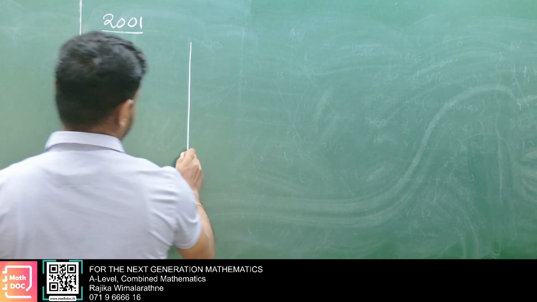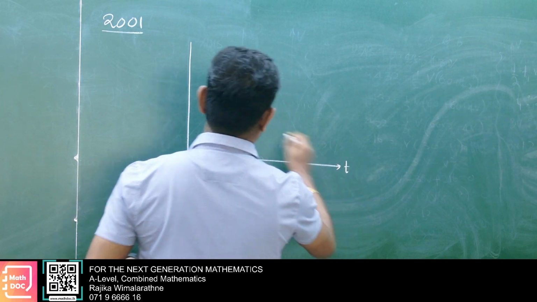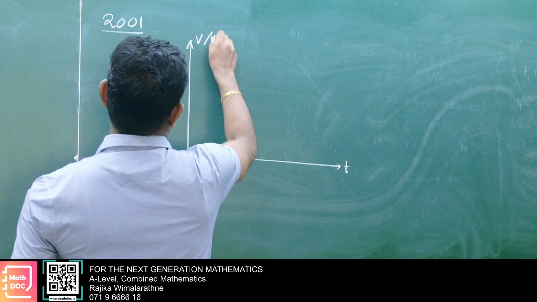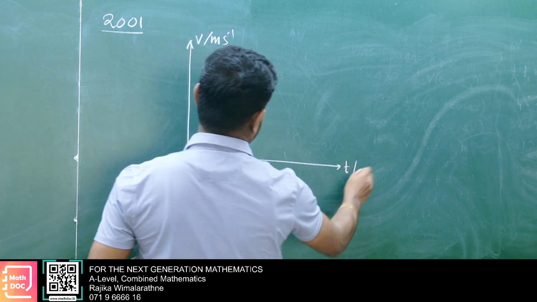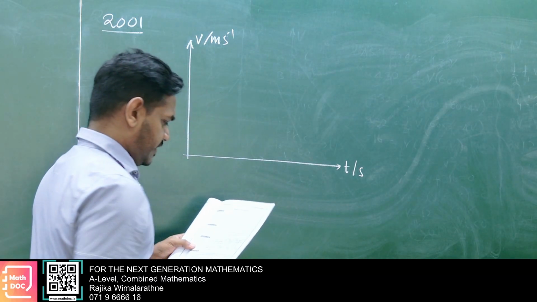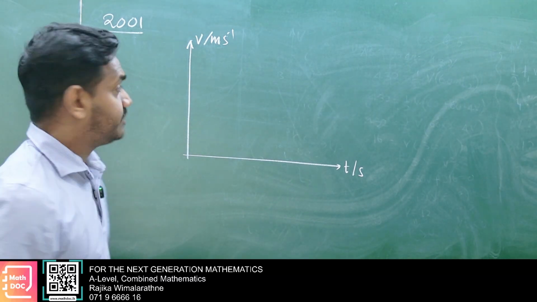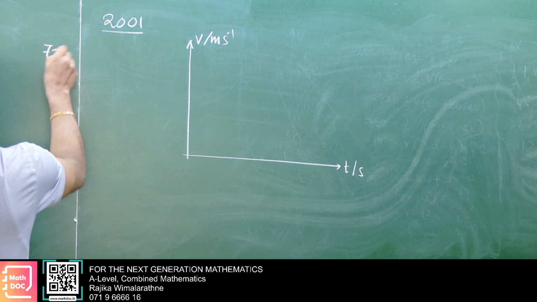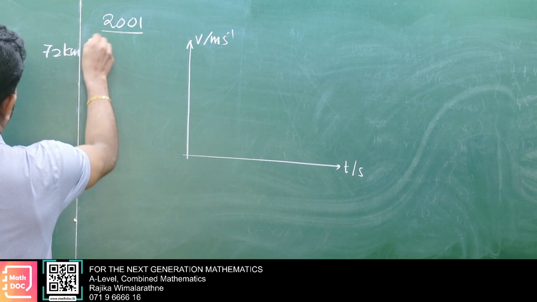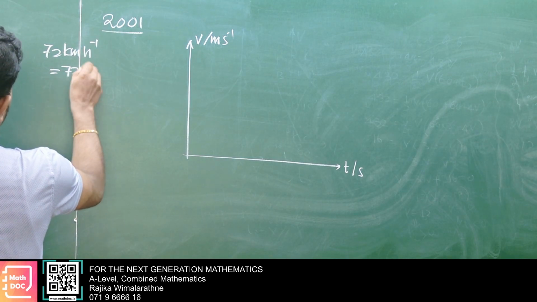Okay. Time and velocity, velocity in meters per second, here seconds. Here 72 kilometers per hour.